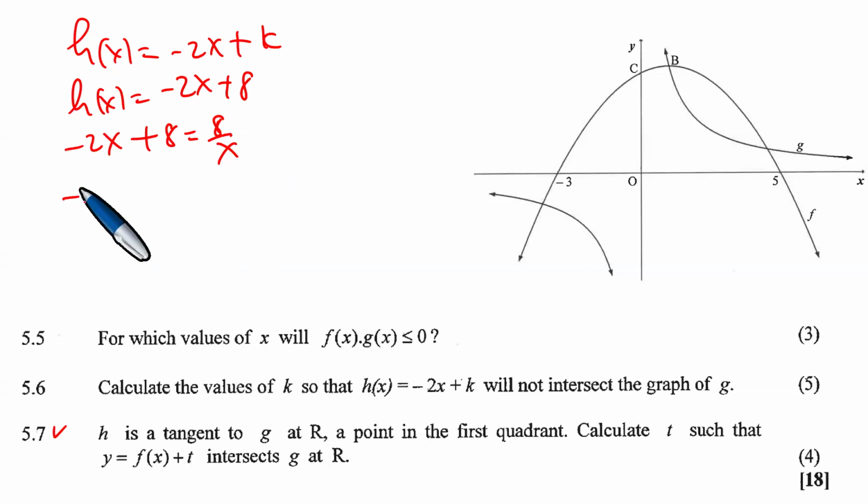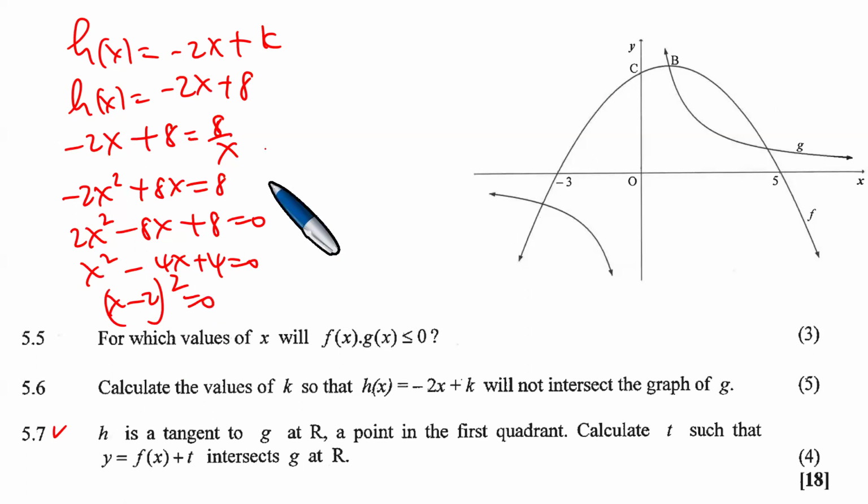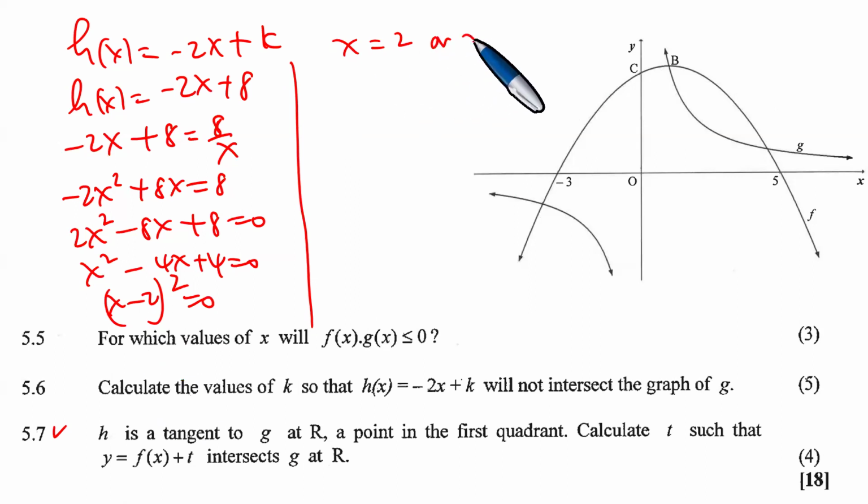If we cross multiply, we get -2x squared plus 8x equals 8. And this is 2x squared minus 8x plus 8 equals 0, which means you have x squared minus 4x plus 4 equals 0. (x minus 2) all squared equals 0. So x is 2.